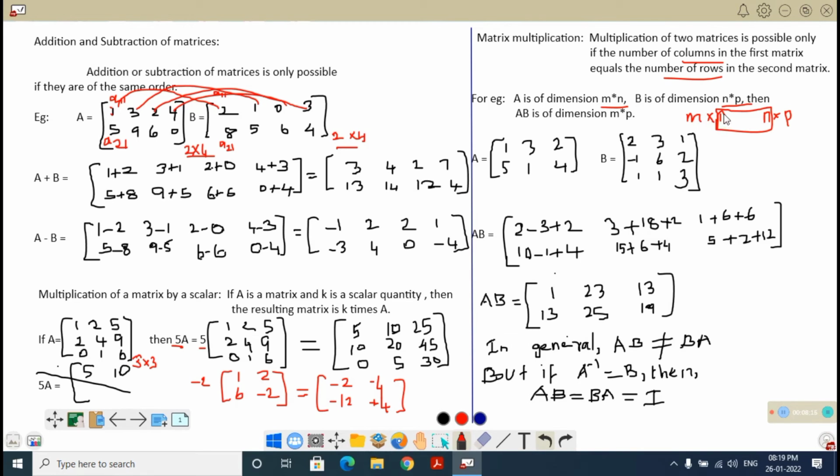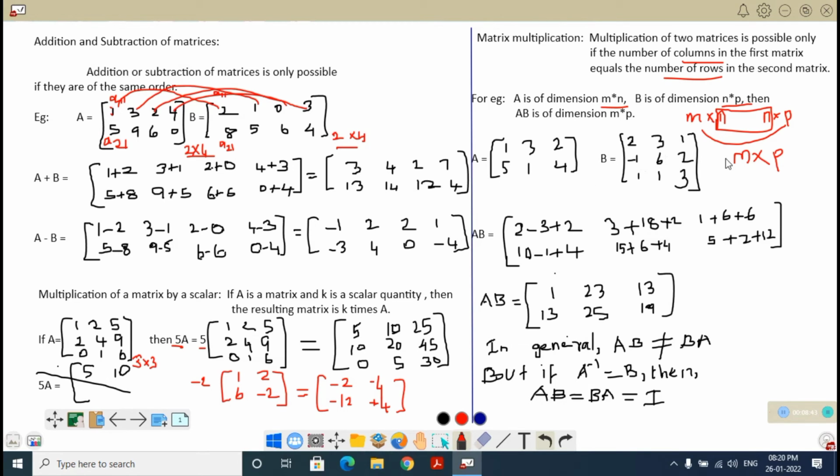The number of columns in the first matrix should coincide with the number of rows in the second matrix, and the resulting product will be of the order M cross P. Understand? So here it need not be of the same order, though same order also we can multiply.